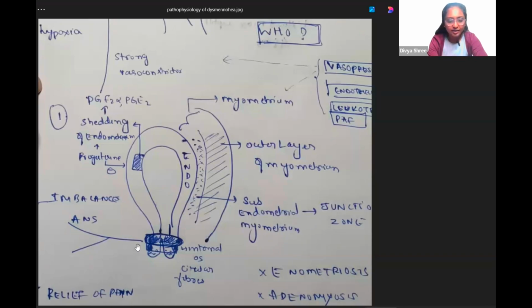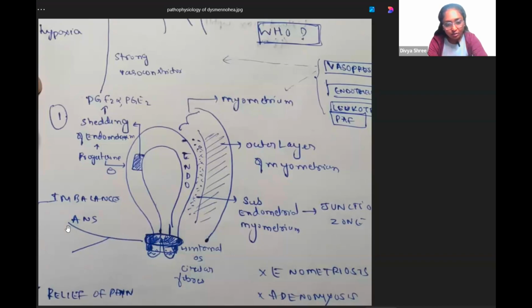The second cause: you are seeing some circular fibers over here. This is the cervix. This is the external os and this is the internal os. There is a problem around these circular fibers. Even these are contracting too much, which leads to pain.